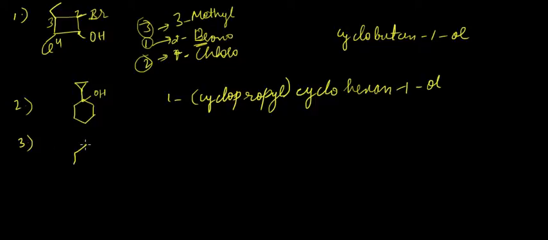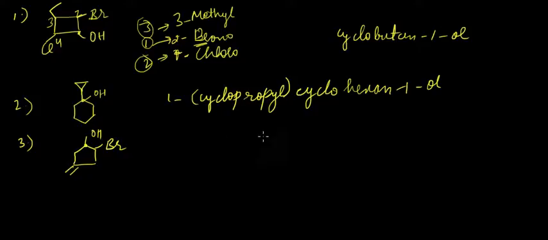Let's say we have something like this, then what would be its name? Br and a double bond here. Okay, so we'll be starting numbering from this. Now whether we should go clockwise or anti-clockwise for numbering the rest of the carbon atoms.